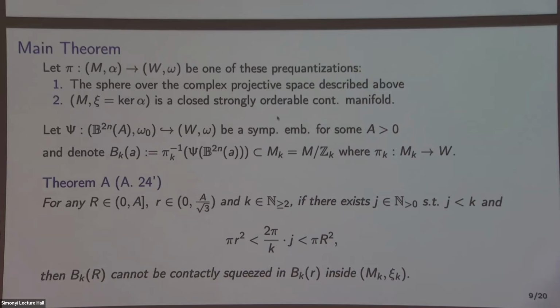What do you mean that the obstruction vanishes? You see 2 pi divided by k is... The obstruction appears when K gets big. Yeah, exactly. The more K gets big, the more you have obstruction. Then you can distinguish this ball from this ball, this ball from this ball. Okay.